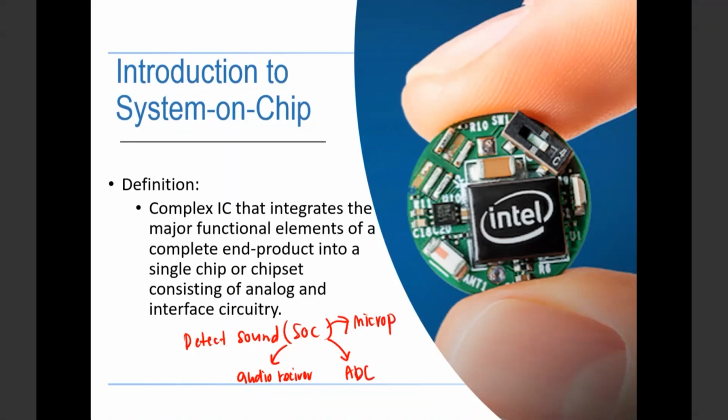which is the primary microprocessor, so all the processing will be done inside it. Sometimes you will have a digital signal processor inside it, DSP, which you can use to filter, do the processing, and amplify the signals.